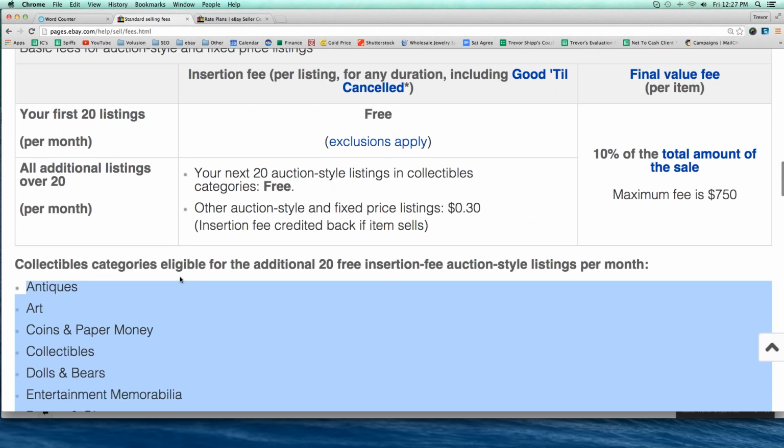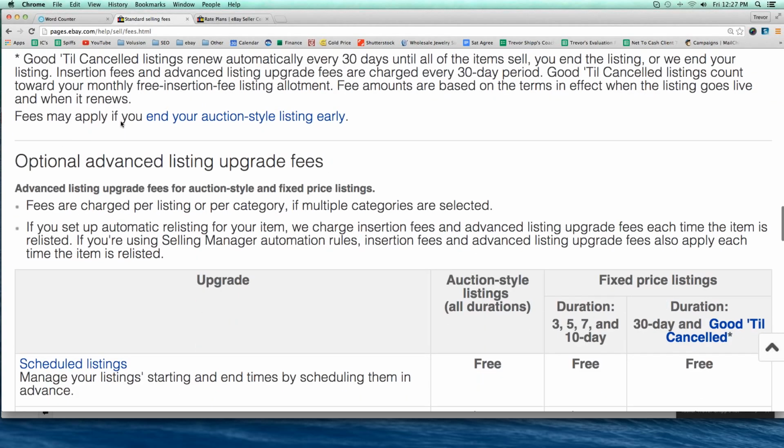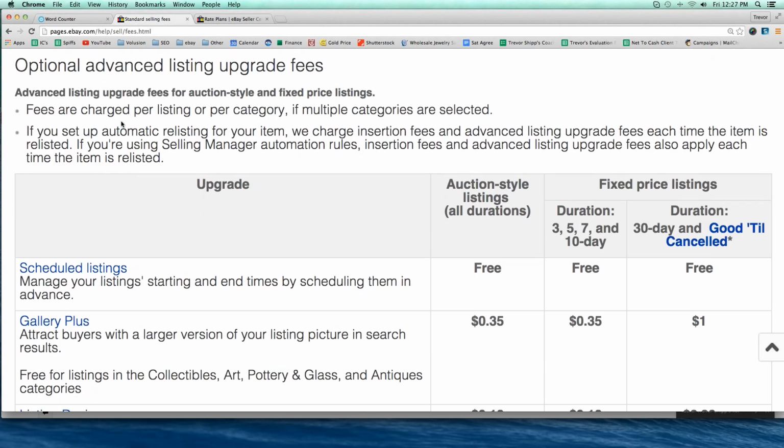So that would be free for you if you did those as an auction. But generally speaking, for most of our clients, who are listing in a variety of different categories, that 21st is going to charge you that 30 cents, okay?